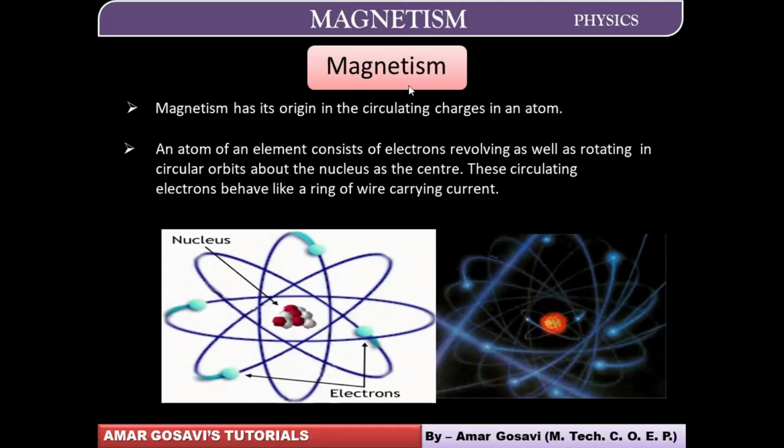When I'm saying magnetism around the Earth, it means terrestrial magnetism, which I'm talking about. So you can consider an imaginary bar magnet at the center of Earth when we discuss terrestrial magnetism or Earth's magnetism.